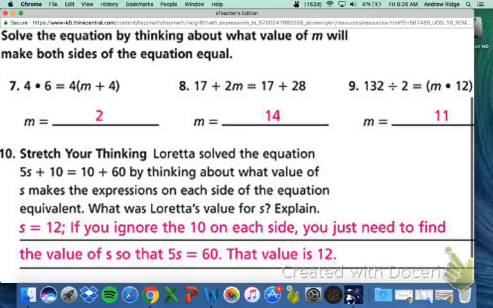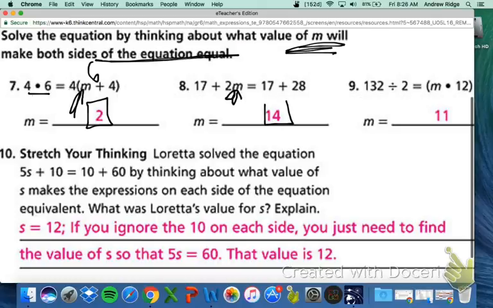Here they just want us to solve the equations by thinking about what value of m will make both sides of the equation equal. We have 4 times 6, and then we have 4 times m plus 4, so 2 will make the m into a 6, and that will make both sides equal. We have 17 plus 2m, right?